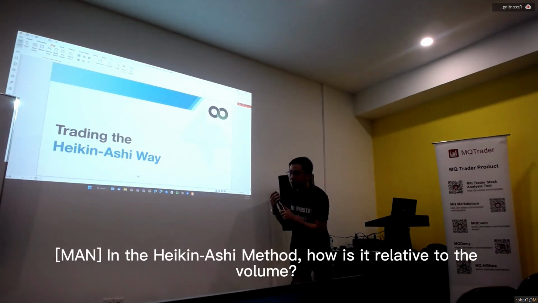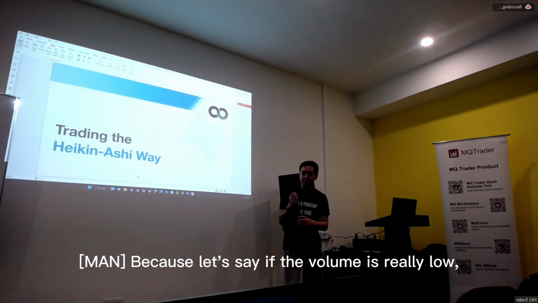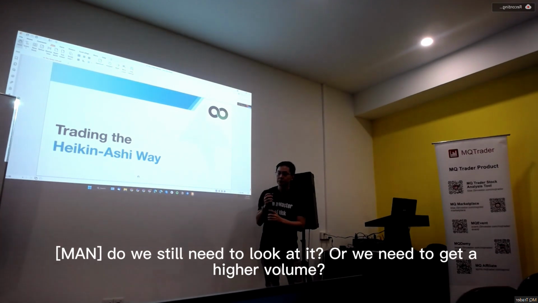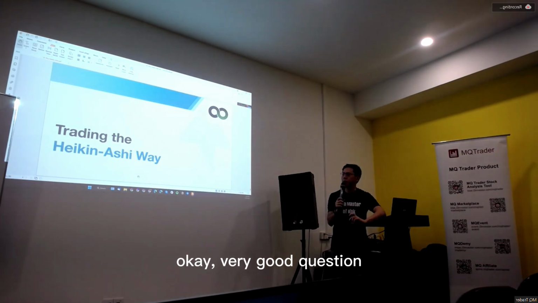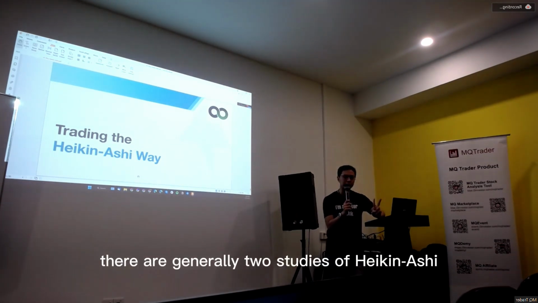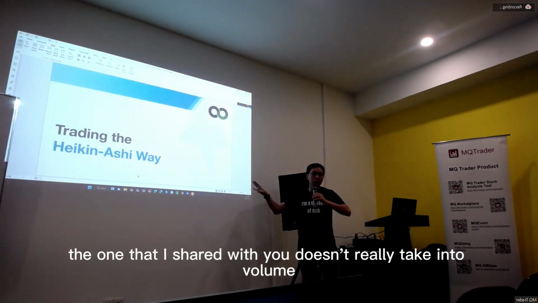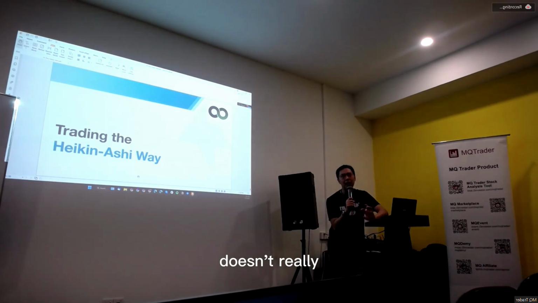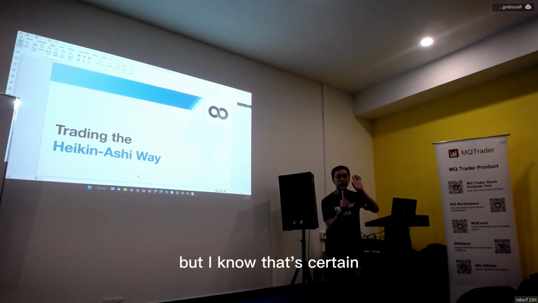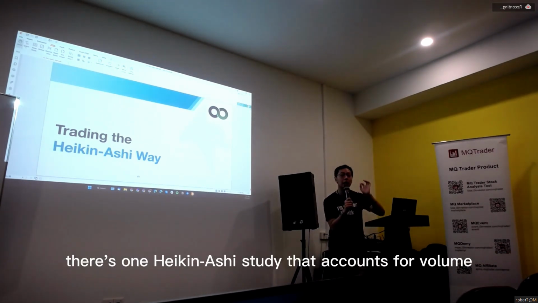Regarding the Heikin-Ashi method, do you relate it to the volume? Because if the volume is very low, you need a higher volume for the signal to stand. Very good question. There are generally 2 studies of Heikin-Ashi. The one that I share with you doesn't really take volume into account, but I know there is one Heikin-Ashi study that accounts for volume.